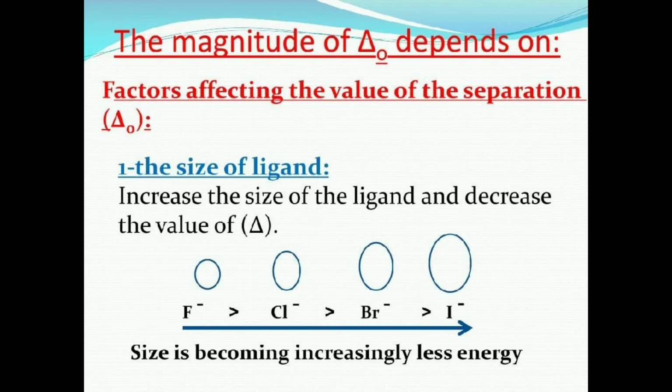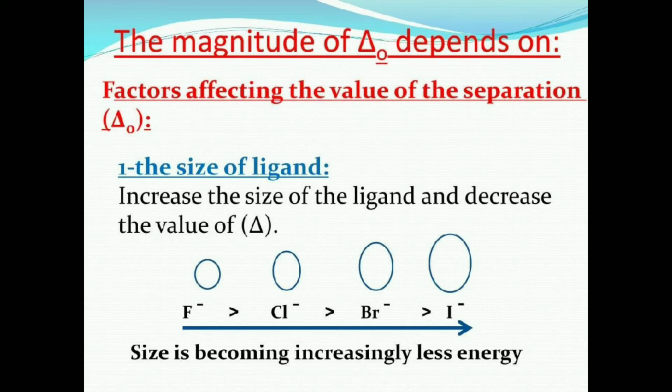So if you look at the halogens, that is fluoro, chloro, bromo and iodo, as the size of the ligand increases, the value of delta decreases. Fluoro is the first and most important ligand of the periodic table, and its size is smaller compared to chloro, bromo and iodo.